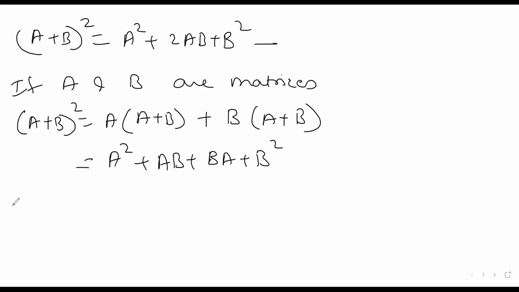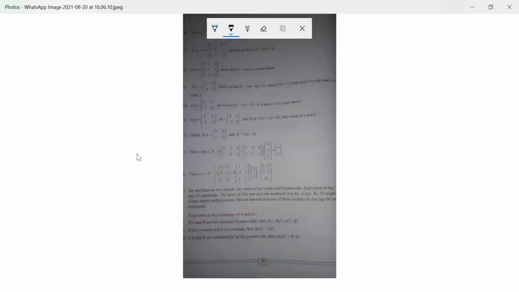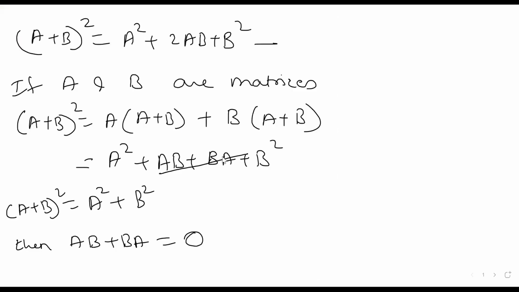So if A plus B whole square is A square plus B square, it means AB plus BA is equal to 0, because if these are 0, then A plus B whole square will be A square plus B square.